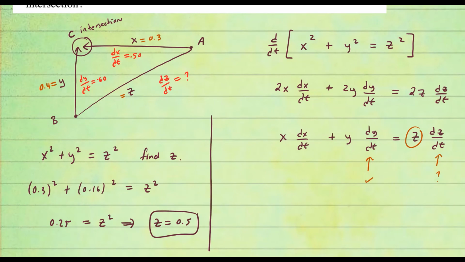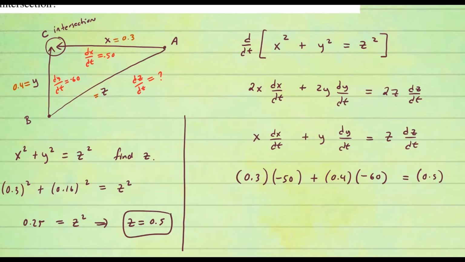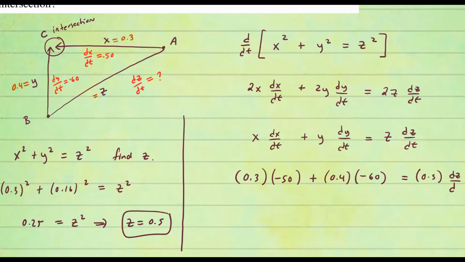Then we have the following. We're looking for dz/dt. We know x is 0.3, dx/dt is negative 50, plus y, which is 0.4, times dy/dt, which is negative 60, is equal to z, which happens to be 0.5, which we just computed on the side, times dz/dt.